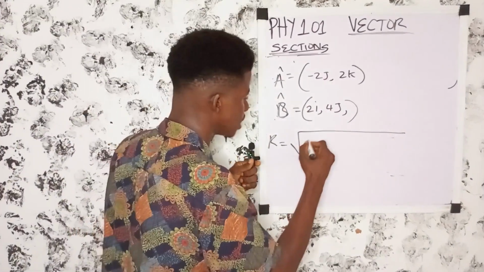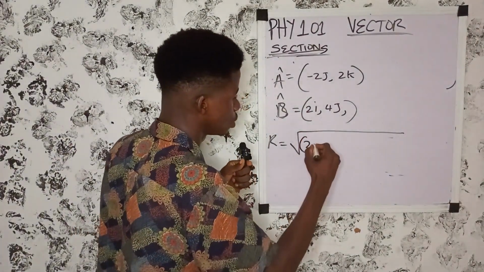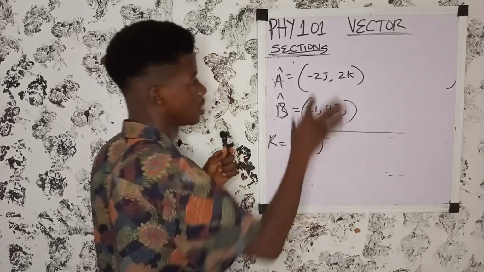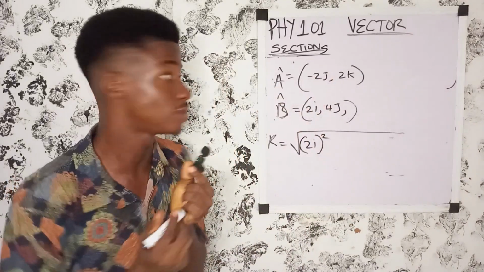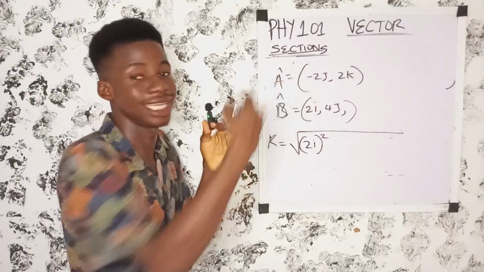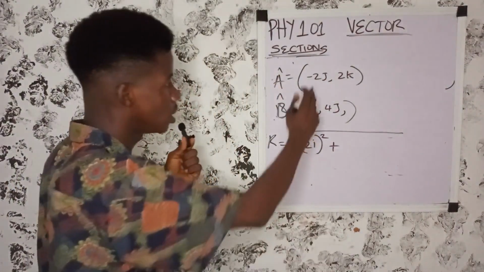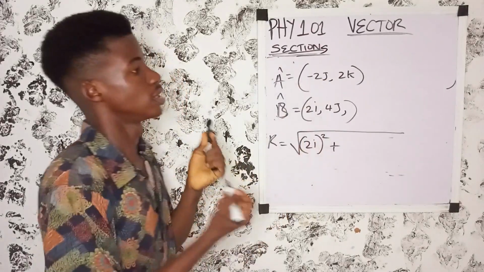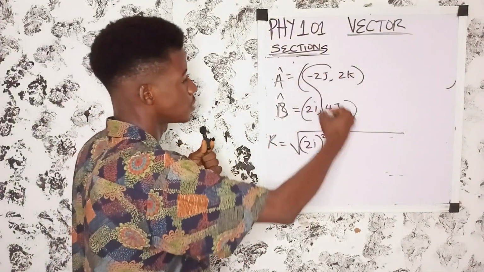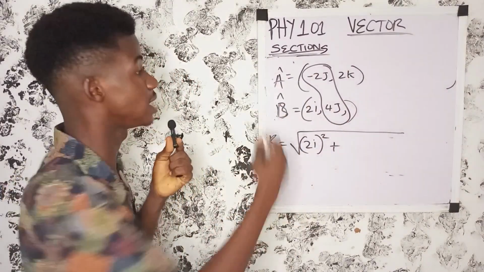So we just do it like this. Bracket open, 2i squared, because there's no i in this place. So we continue. Then plus, now for j, we add all the vectors acting in that direction.